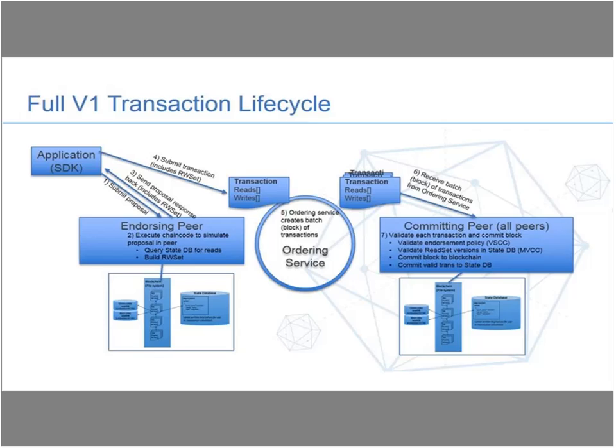After that, they will tally the read-write sets, that from all the endorsing peers we have different read-write sets. Suppose there are 3 endorsing peers, 3 business parties. A created a read-write set, B created a read-write set, and C created a read-write set. Now the committing peer will tally whether all the read sets are the same or not. Yes, the 3 read sets are the same. Now they will tally whether all the write sets are the same or not. Yes, whatever new state is given by A, it is the same as B, it is the same as C. This is the consensus.